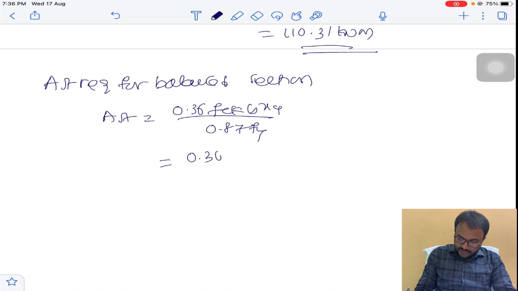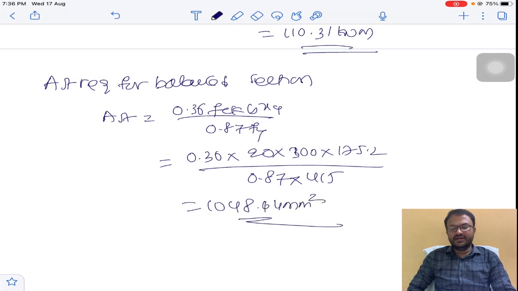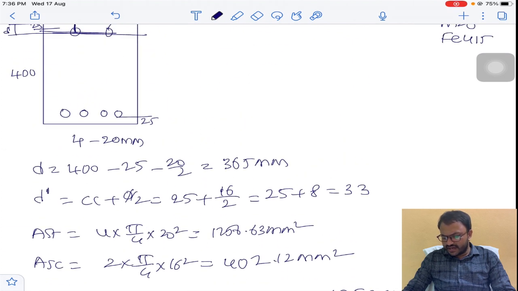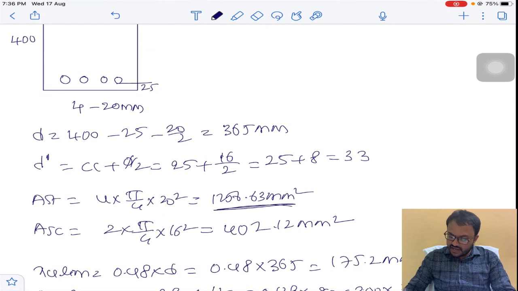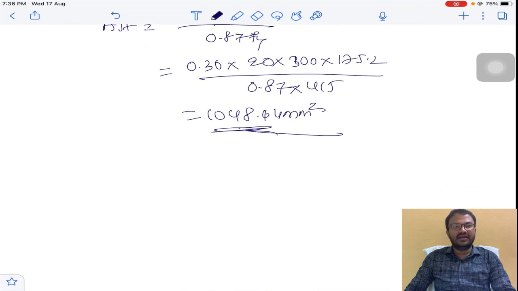So that is equal to 0.36 FCK is 20 and B is 300 into XU is 175.2 divided by 0.87 Fy is 415. It will be 1048.14 mm square. Okay, so total tension reinforcement is around 1250, but only 1050 will be for balanced section.